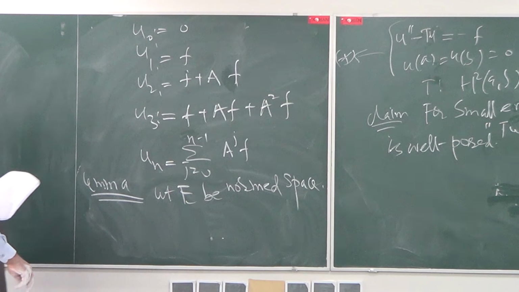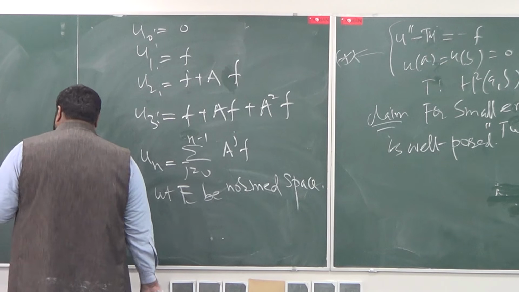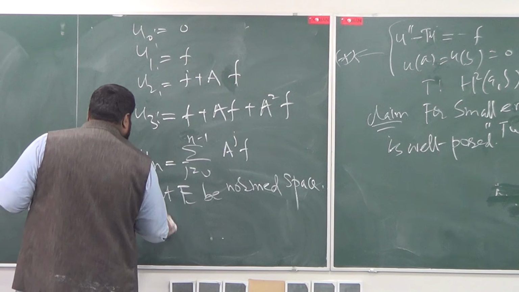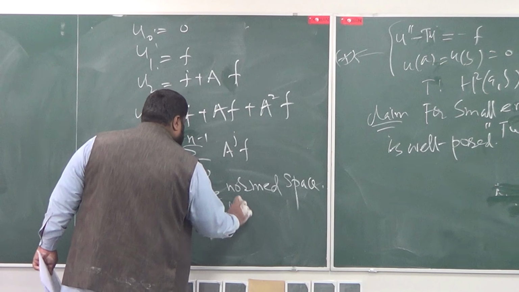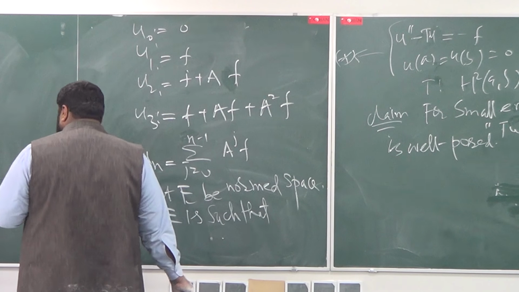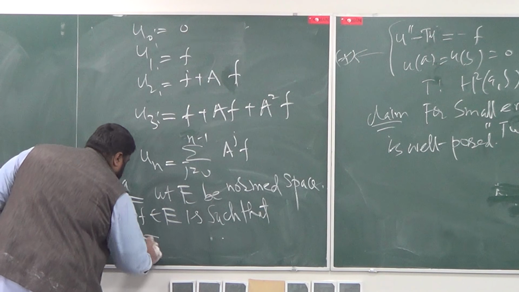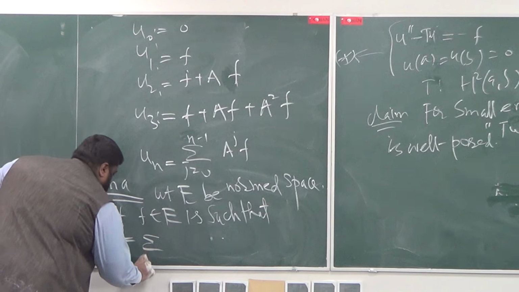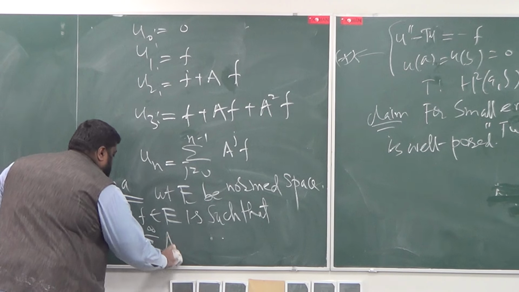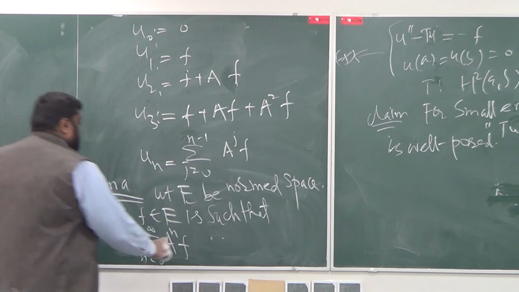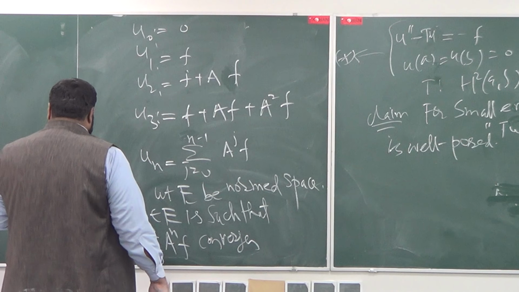If f in E is such that the sum over j equal to 0 to infinity of the norm of A to the j of f converges in E.